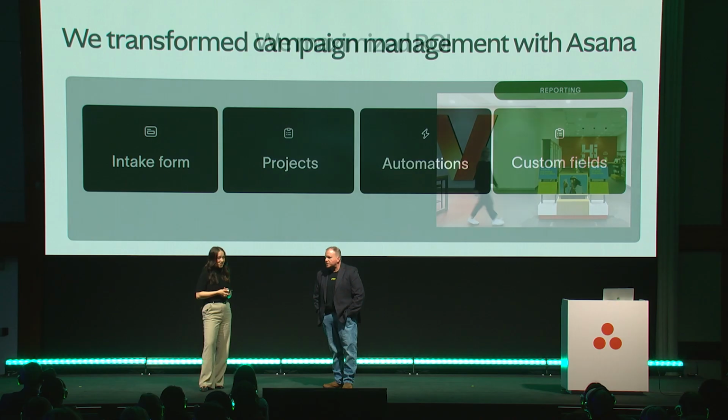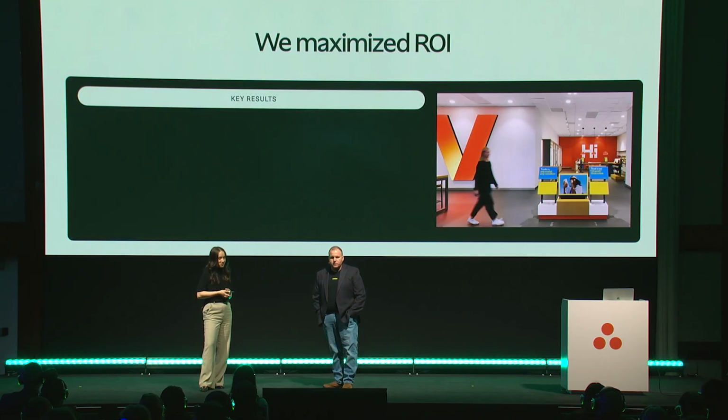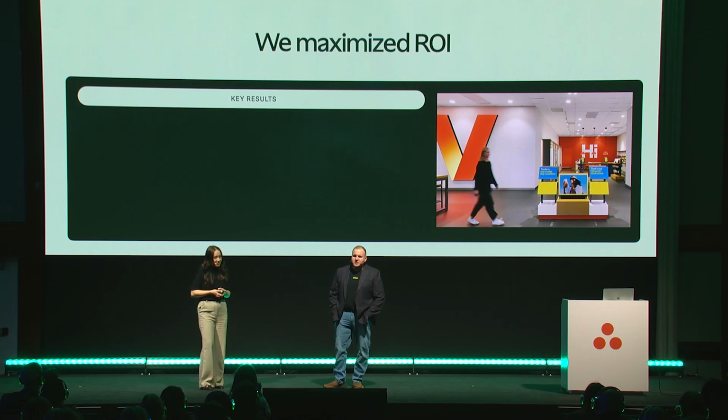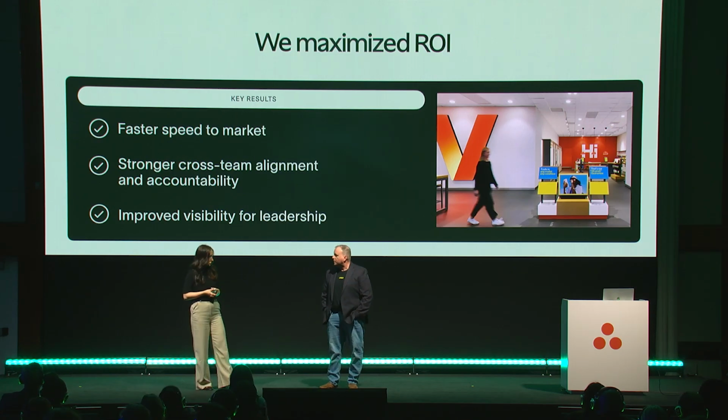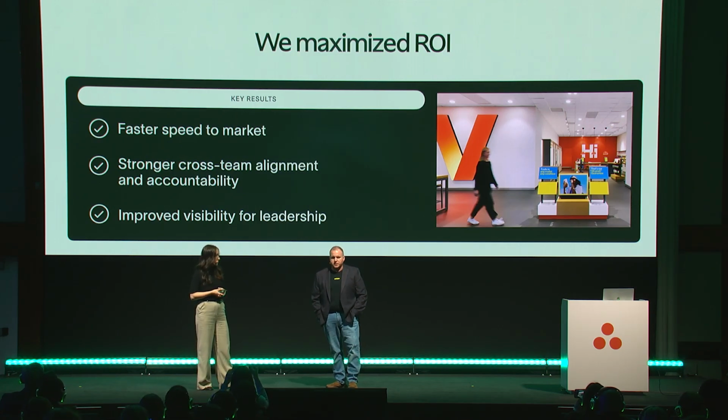Yeah, absolutely. So the team was ecstatic. Not initially, because we were kind of disrupting the way they were working, but once they saw the results, once they saw that big picture of how Asana can increase their speed to market, they immediately embraced it, which resulted, again, in stronger cross-team alignment and accountability.